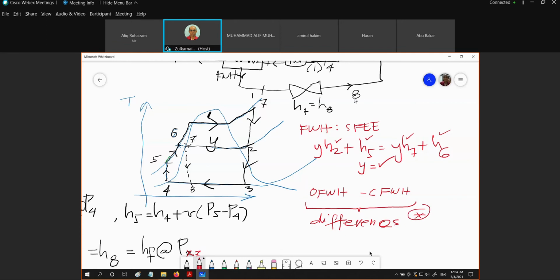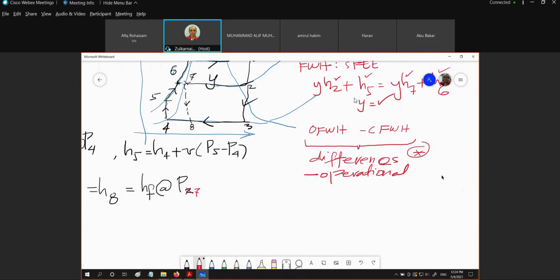You may discuss it in terms of the operation, the installation in the schematic diagram, and the components.